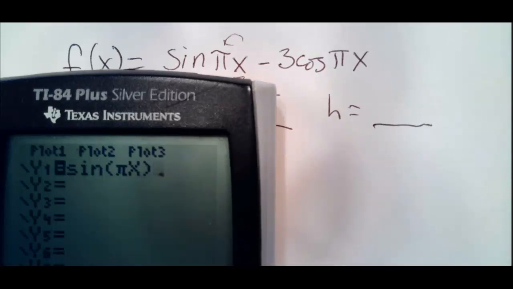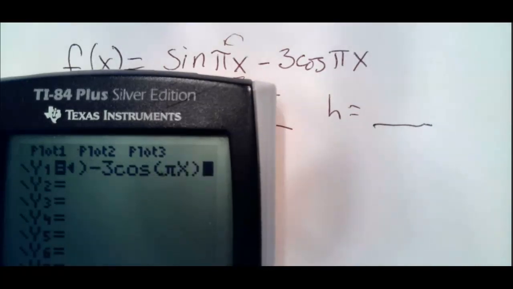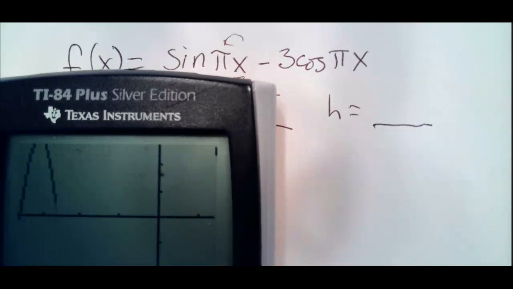All right, now let's put in minus 3 cosine pi x, and we'll close parentheses again, and let's hit our graph.